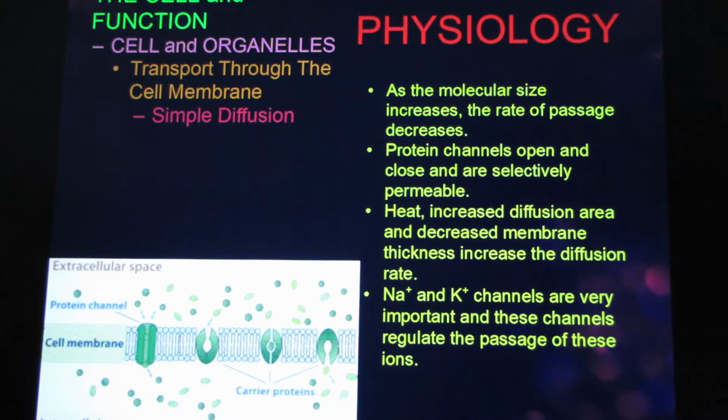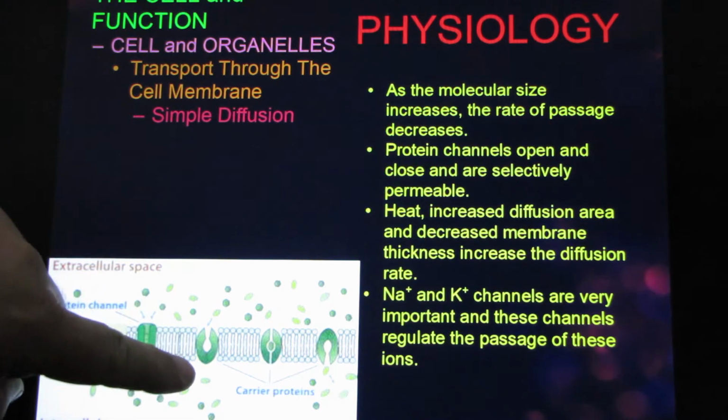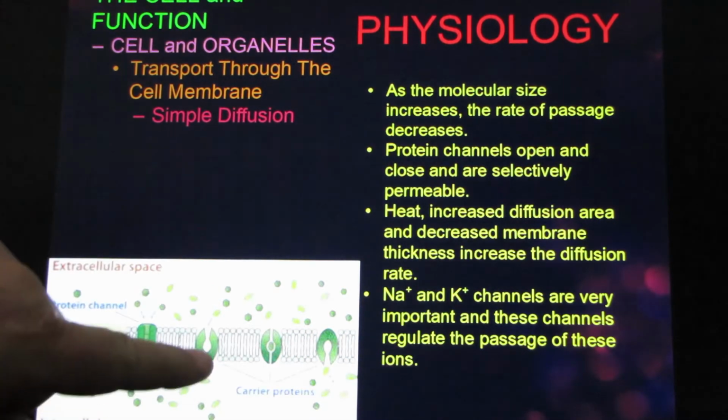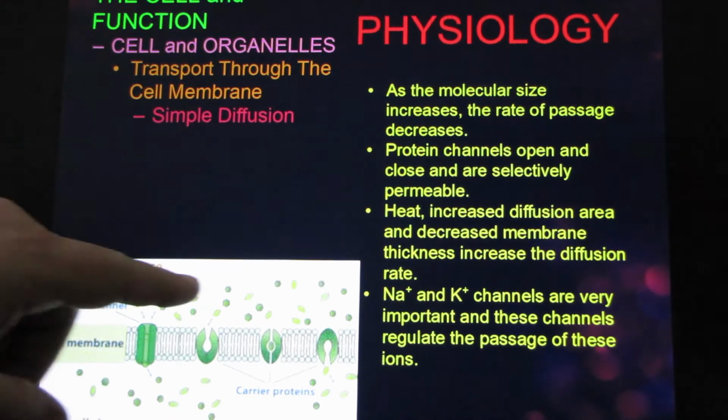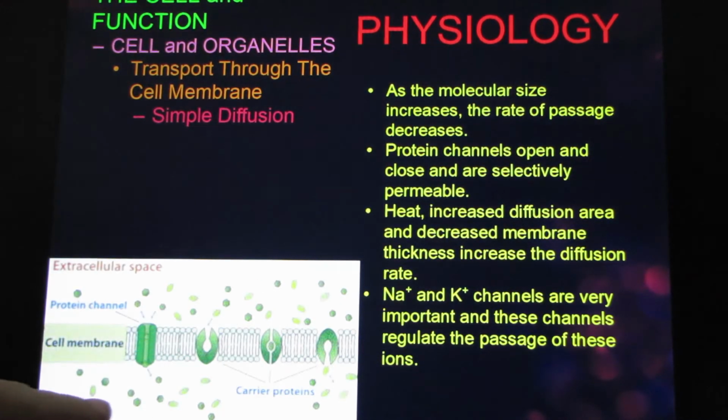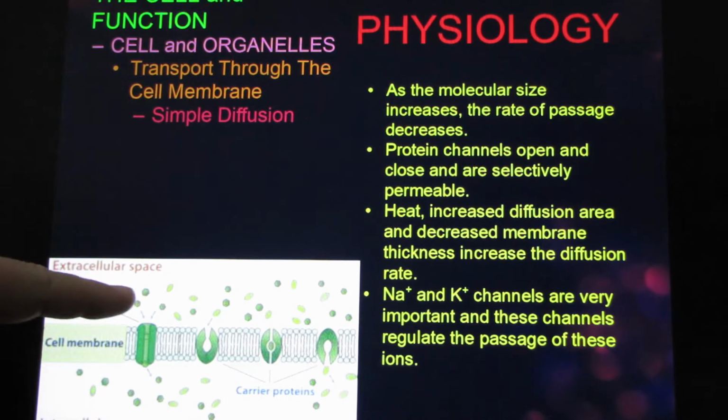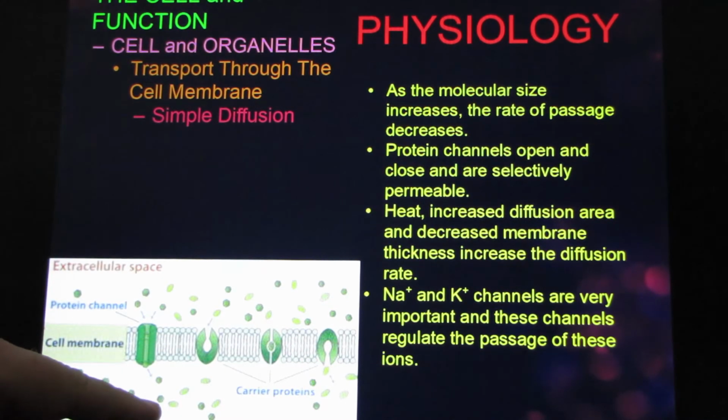So as the molecular size increases, the rate of passage decreases because there are certain channels that are capable of transporting things inside the membrane from the extracellular space towards the intracellular space. So this is outside the cell, this is inside the cell.